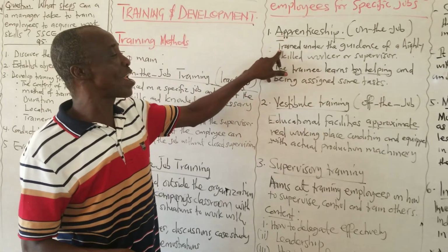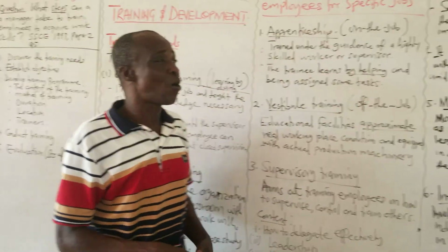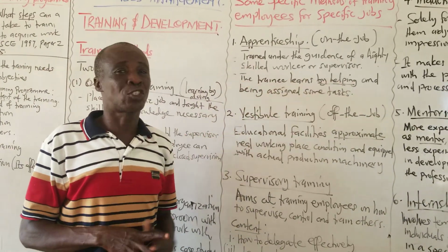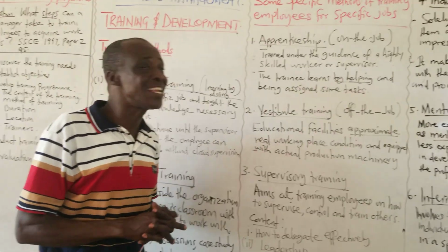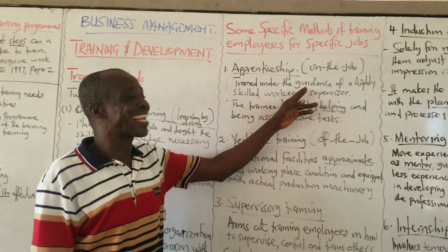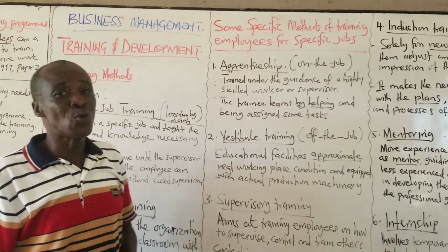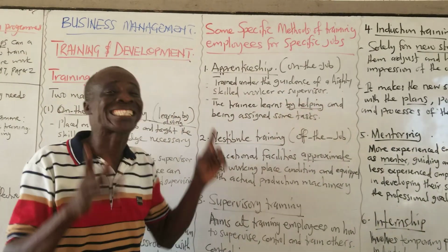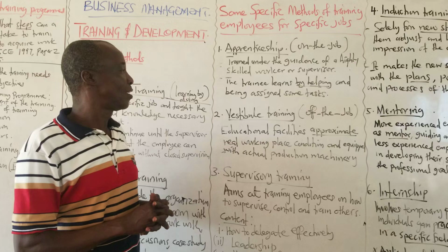You are trained under the guidance of a highly skilled worker or supervisor. Apprenticeship, you are trained under the guidance, so the person guides you. And who is that person? That person who is guiding you is a highly skilled worker or supervisor.